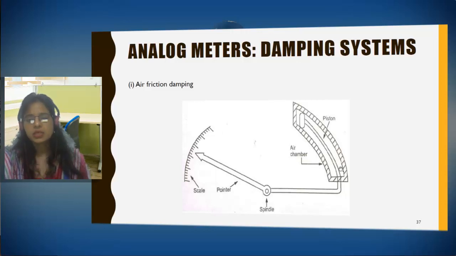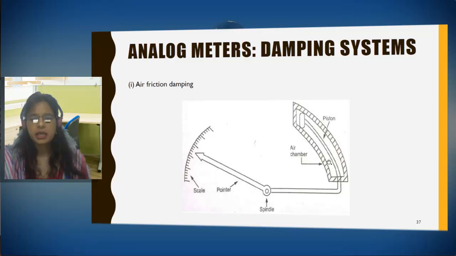This is the air chamber, and air is there in the chamber. This whole area is covered with air. But when the piston is moving in that small area only, it will compress the air.